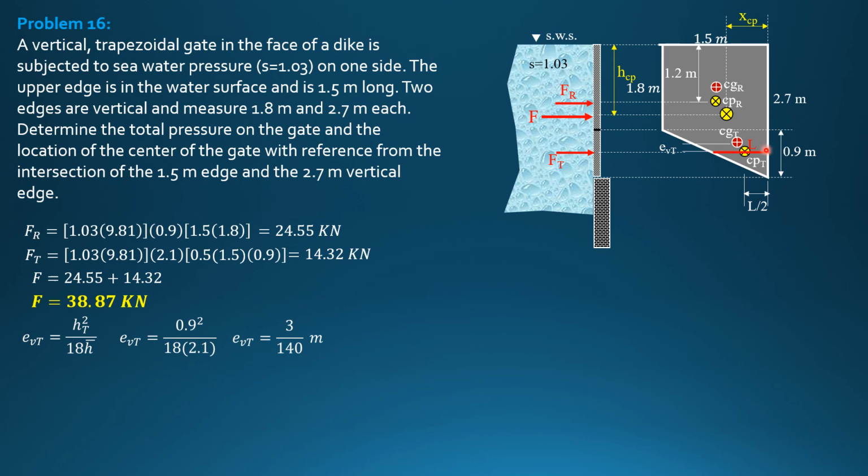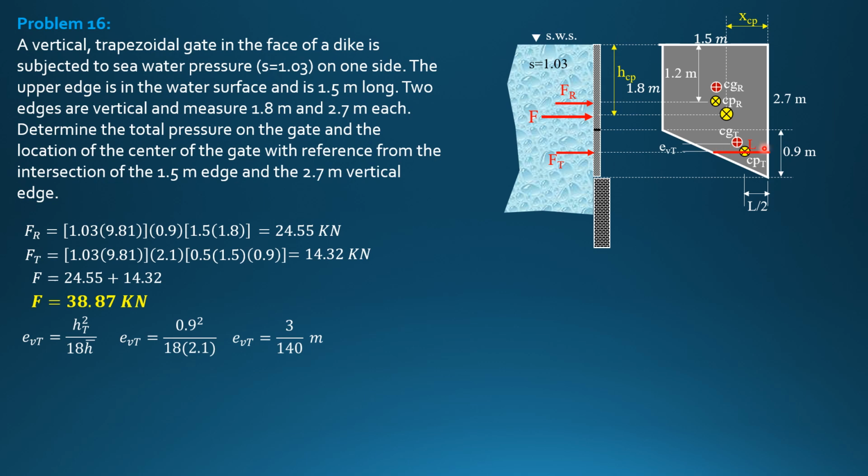So the length L is, if this is 0.3, the centroid of the triangle from the top, then the centroid distance from the bottom is 0.6. Therefore, this distance of the end of the L from the pointed end is 0.6 minus e sub v of the triangle.